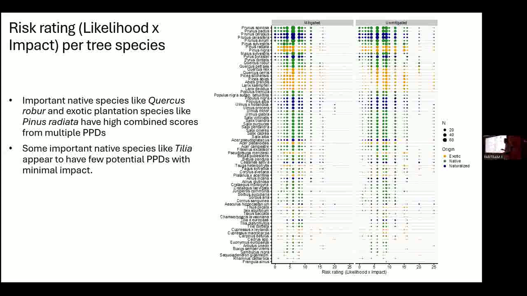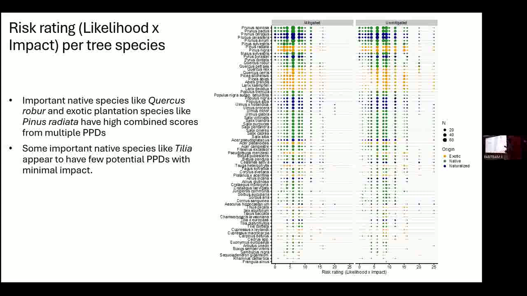So this is a rather complex image, just showing you this likelihood times impact ratio for all of those different tree species, and the dots give you the number of pests and diseases which have been given that particular 1 to 25 rating, and it's listed by the median impact, if we want to call it that.